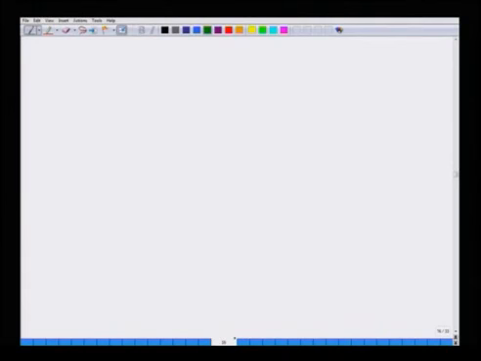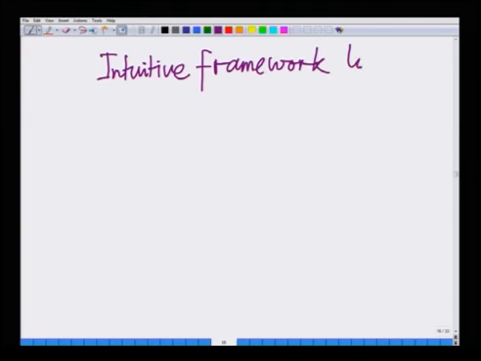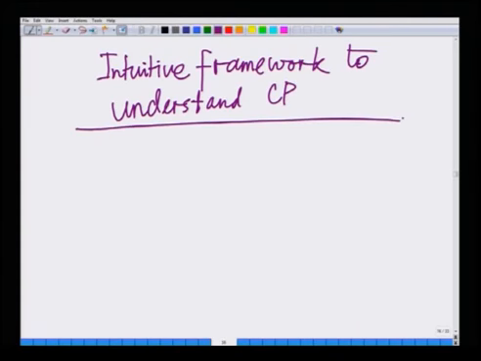Also, let's look at an intuitive framework to understand the cyclic prefix, or CP.